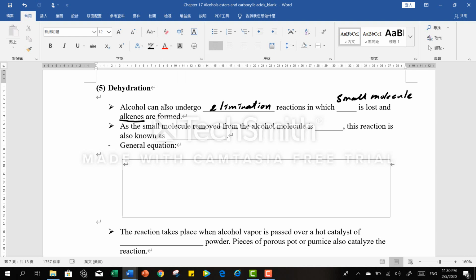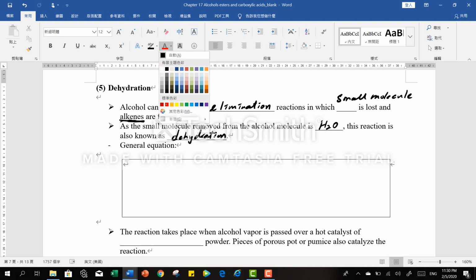Yeah. Colored. What happened? It's still black. Okay, anyway, as the small molecule removed from the alcohol molecule is water, so it is also known as dehydration. Okay, let me see. Why I choose red? Blue.